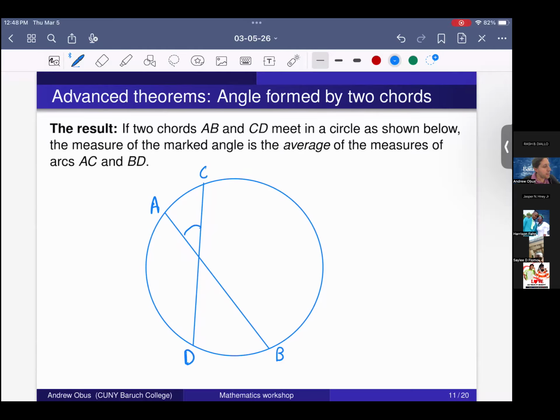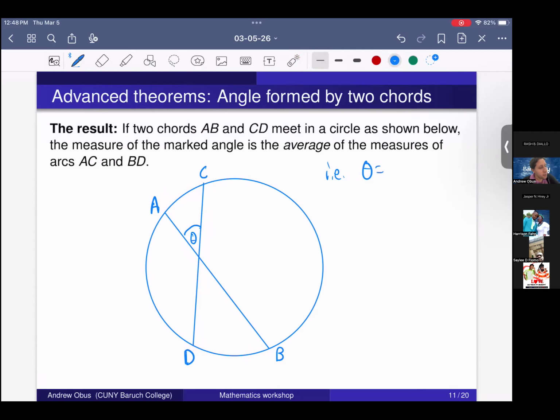Let me mark this angle as theta. I claim that theta is equal to the average of the measures of the two arcs, the arc on one side of theta and the arc on the other side.